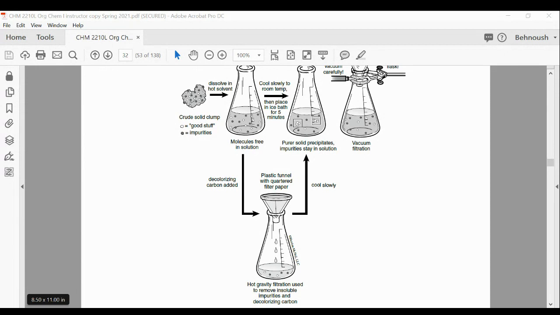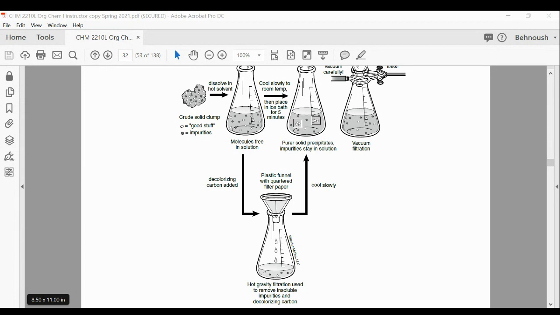So you leave it in the ice for a while. And the reason for that is the cooler the temperature is, the lower the solubility, and lower solubility means maximum recovery of crystals. It comes back to solid when it's not soluble in the solution. If it's soluble in the solution, if the solution is not saturated, then it doesn't happen.